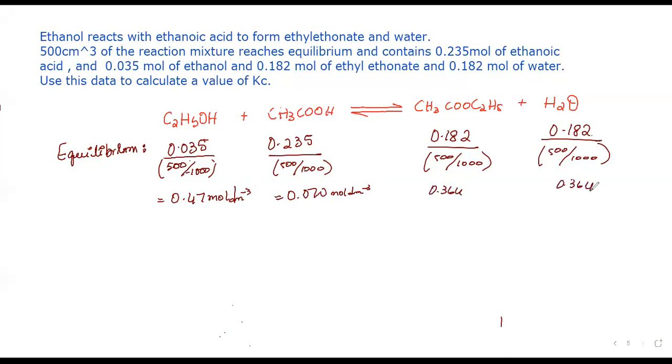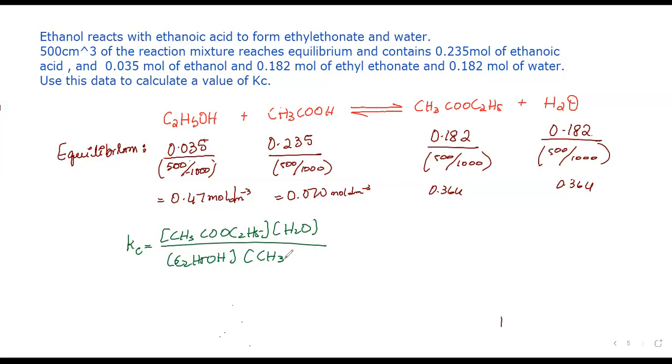Now, next step is to make the expression of Kc. Kc is product over reactant. Product is CH3COOC2H5 and H2O, divided by C2H5OH multiplied by CH3COOH.